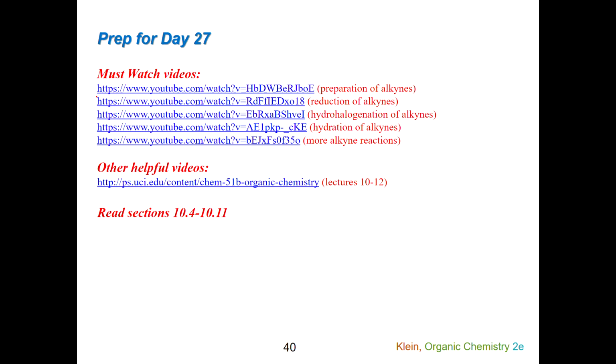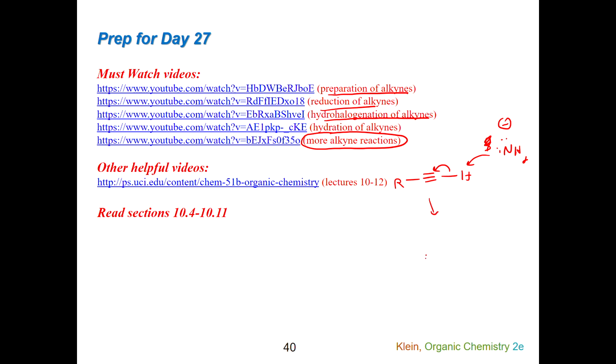And then our final lecture on new material for the semester is going to be Thursday. We're going to talk about how to make alkynes, some of the reactions that alkynes undergo, including some reactions where the alkyne acts as a nucleophile. So what we just talked about, deprotonating using NH2 minus as a base, I can have some R group here.